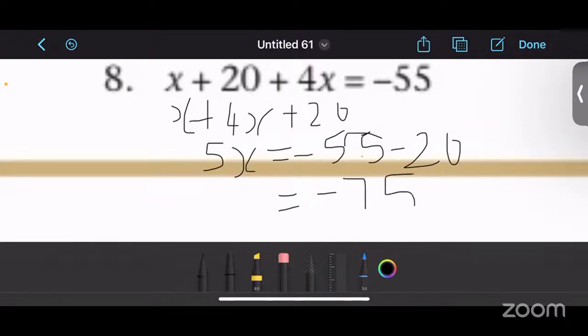So it's negative minus negative. We are minusing from the minus, right? And if it was negative 55 plus 20, that means you would have paid the 20 rands that you owe.